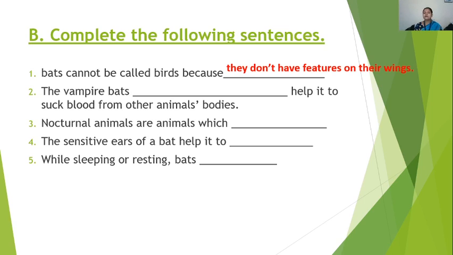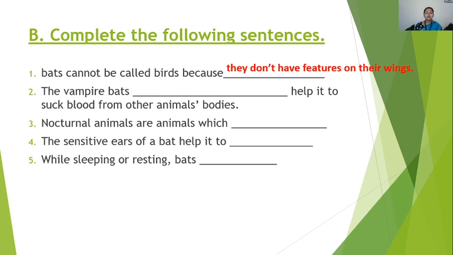Okay, in this, vampire bats have been asked what part of their body helps them to suck blood from other animals' body. So can you recall that? What was the part that helped them in sucking the blood from other animals' body?